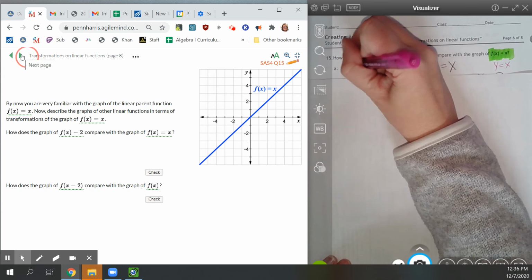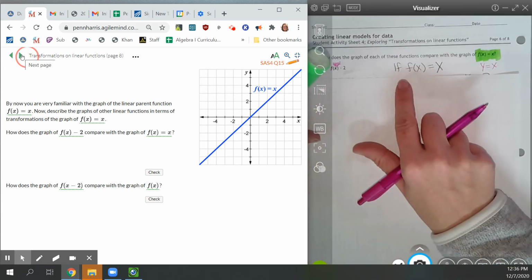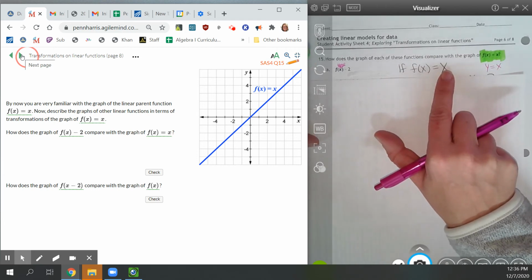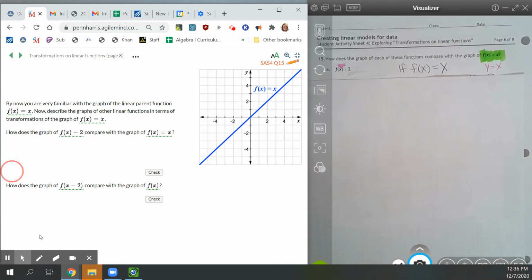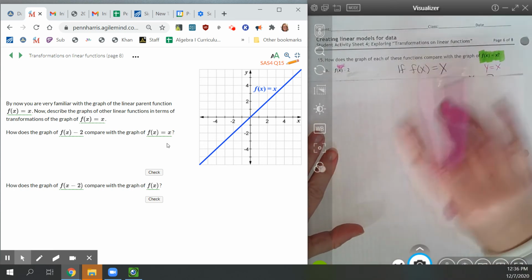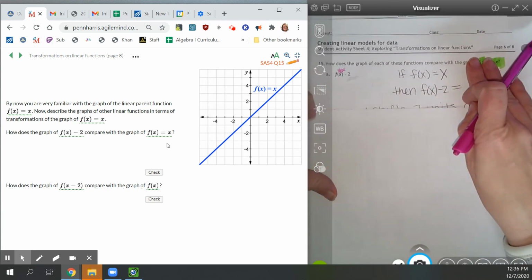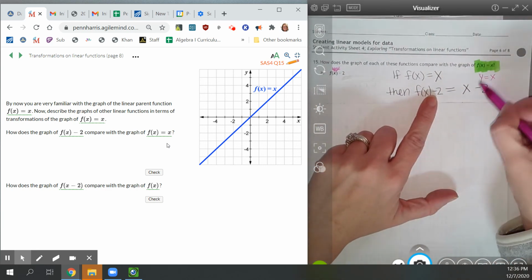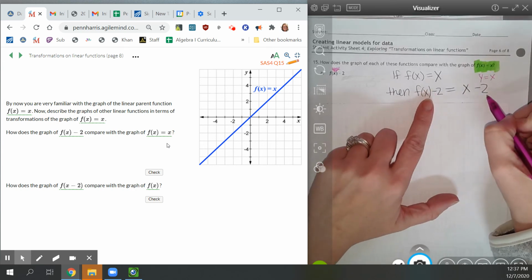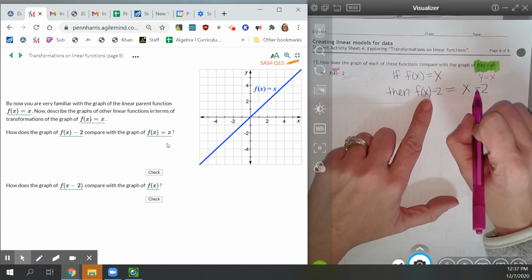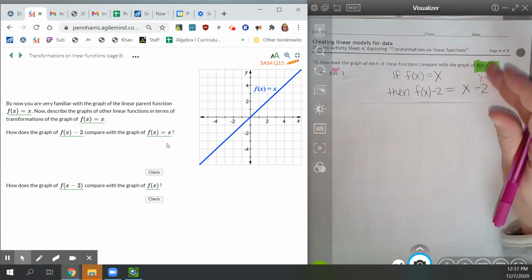So with this, guys, they're saying if f of x equals x, then what they're saying is if we take f of x and subtract 2, we're going to take our x and subtract 2. It's like, remember with equations, guys, balancing what we do on one side, we must do to the other. That's the same thing.